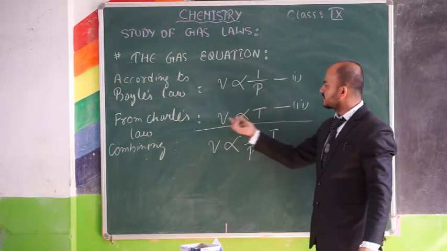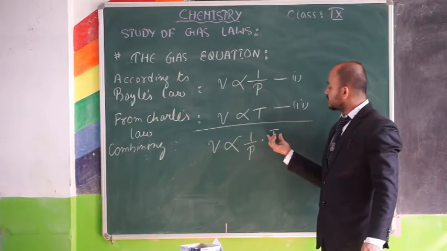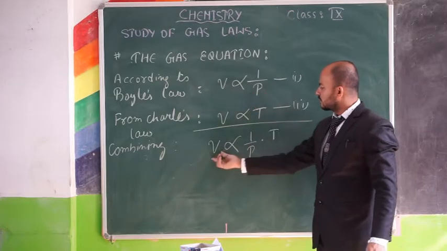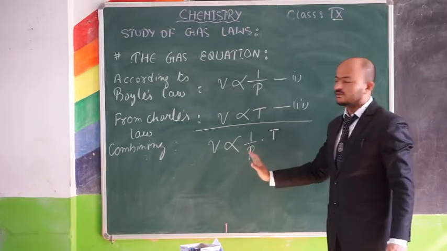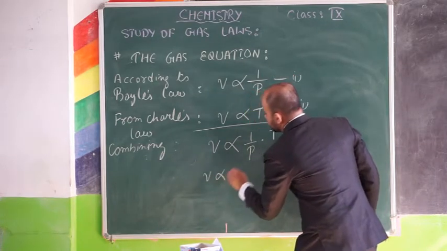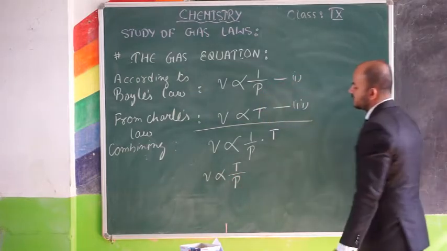Volume is directly proportional to temperature, and volume is inversely proportional to pressure. Hope this is clear. Now we can write this as V is directly proportional to temperature divided by pressure.